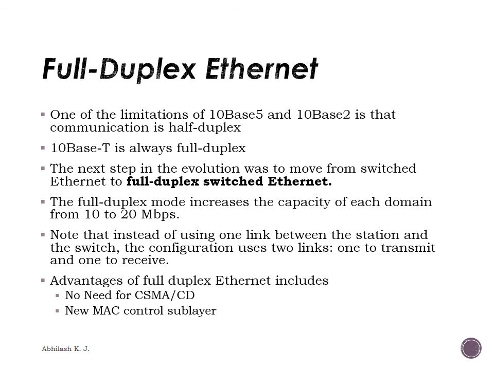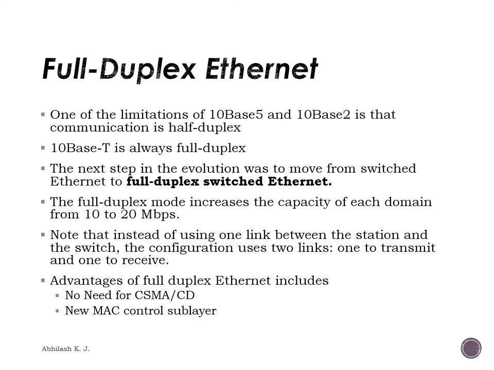Why exactly is CSMA/CD not required? Because in full duplex mode, each station is connected via two separate links, one for transmission and one for receiving. So at any given instant of time, each station or switch can send or receive independently, without worrying about collisions.